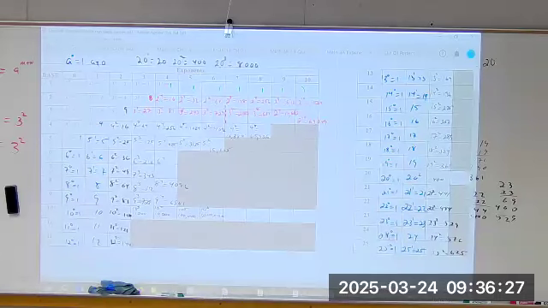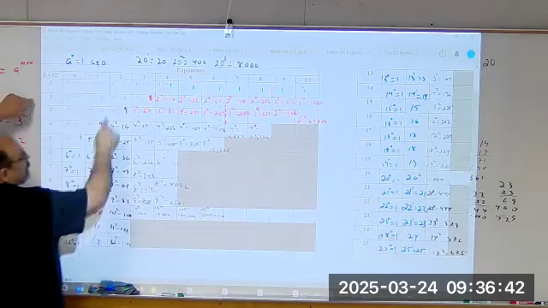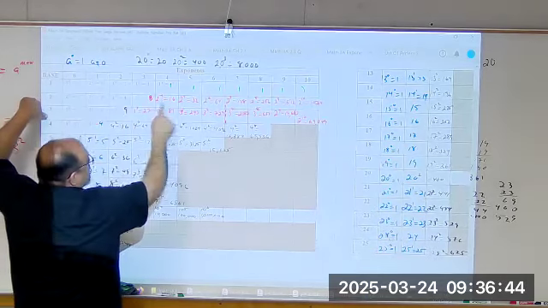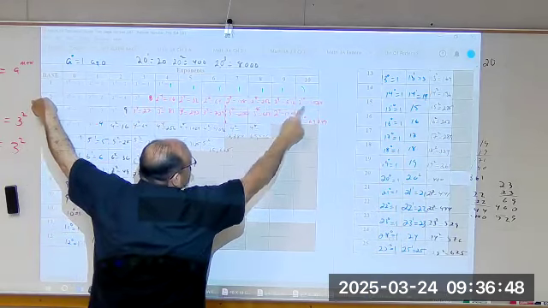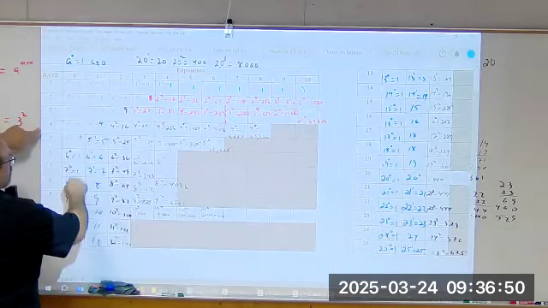Let's take this apart. We see numbers that repeat. Look at the 2, look at the 4, look at the 8. 2, 4, 8, 16, 32, 64, 128, 256, 512, 1,024. Look at the 4s.